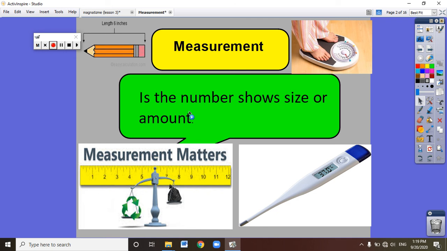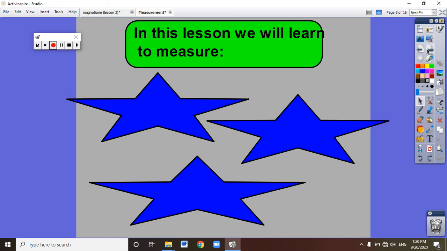So measurement is the number that shows size or amount. When I say measurement or measure, it means number. We will learn in this lesson to measure many things such as length, mass and temperature.